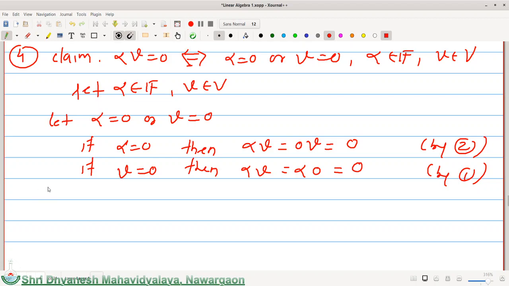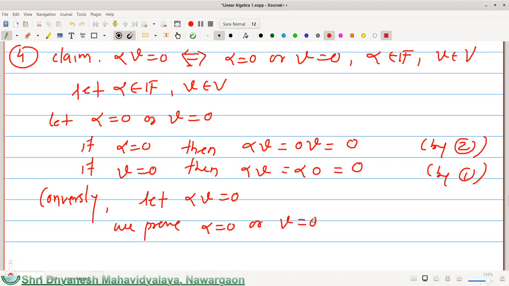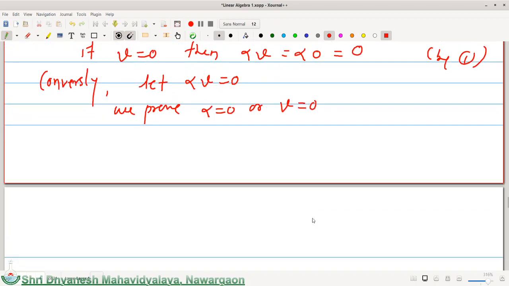Now we go for the converse. Conversely, now we assume alpha into v is equal to 0, and we will prove either alpha is 0 or v is 0. In this case, if alpha is equal to 0, we will have nothing to prove because 0 into v is already proven to be 0.